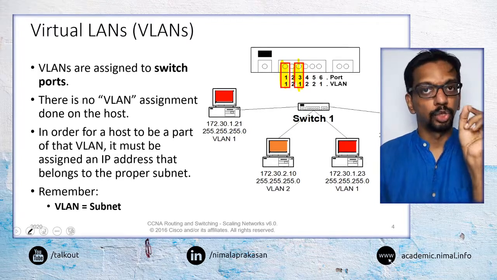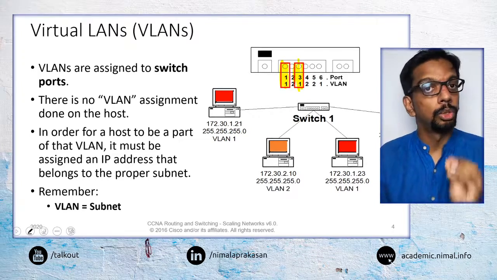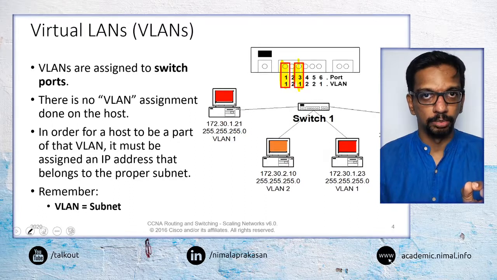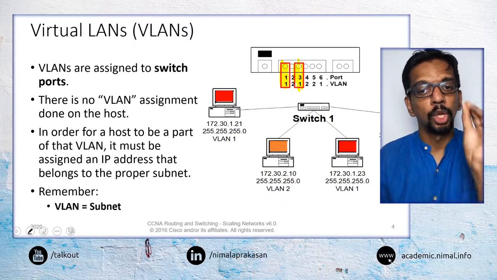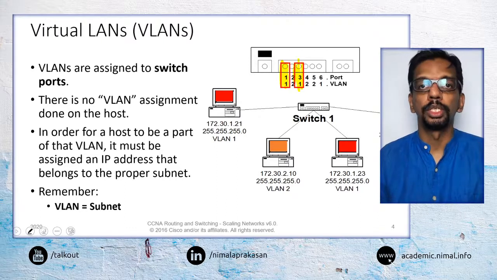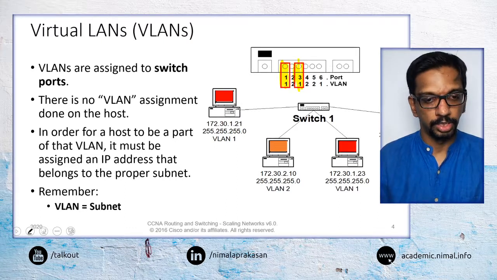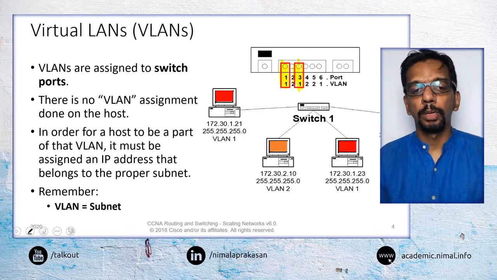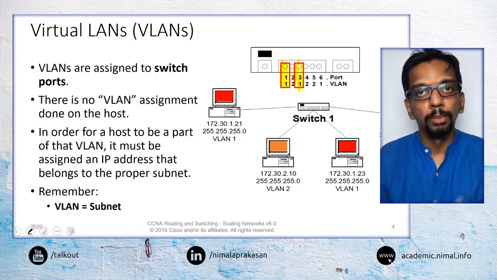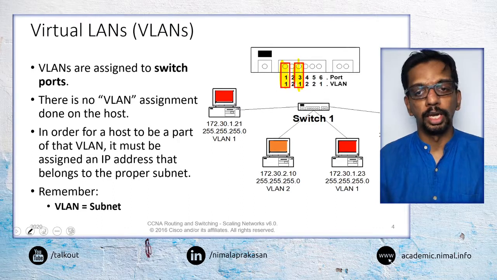The host devices do not get any VLAN assignment, only the ports on the switches get VLAN assignments. Then any device connected to that particular switch port will be given the same VLAN assignment.